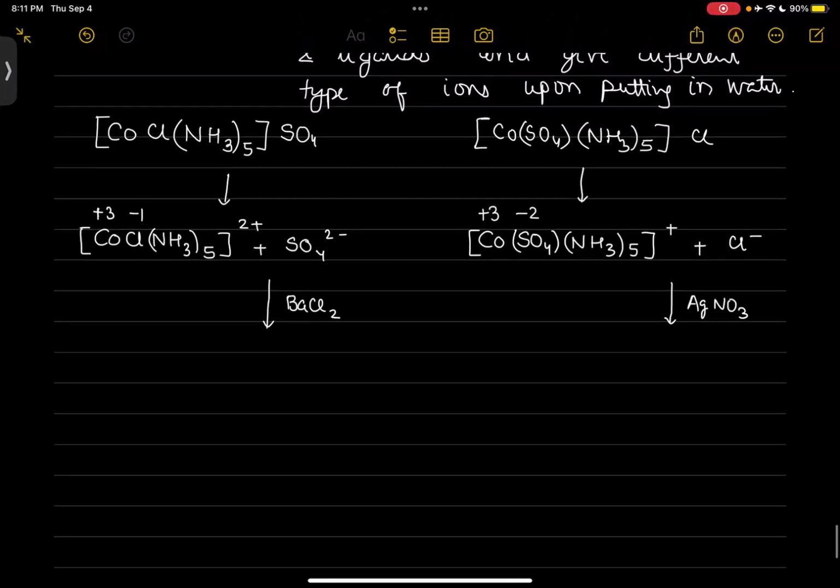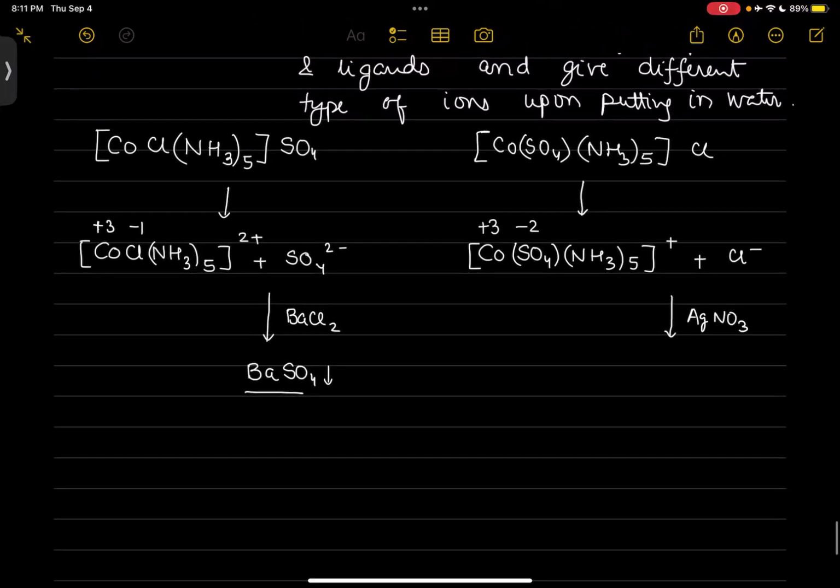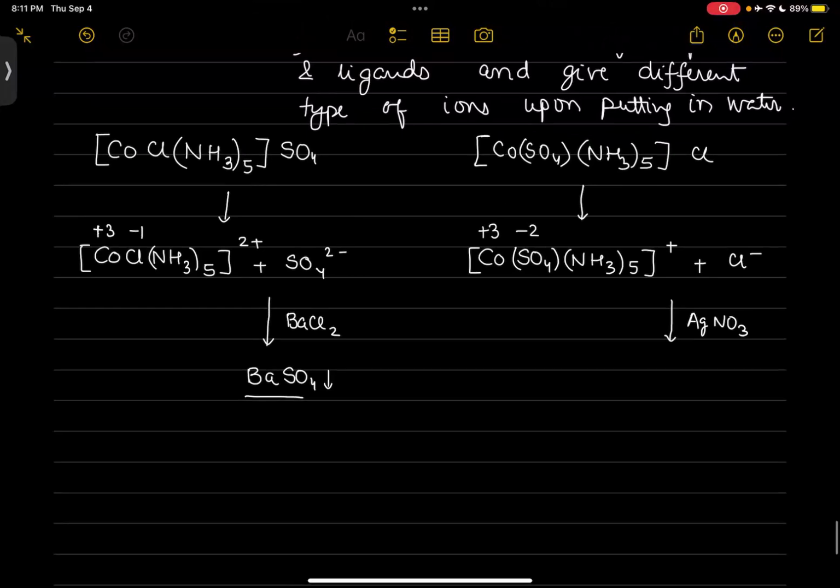Barium chloride is going to form a precipitate with sulfate as BaSO4, which is a white precipitate. So the first one is going to give you the precipitate with BaCl2.